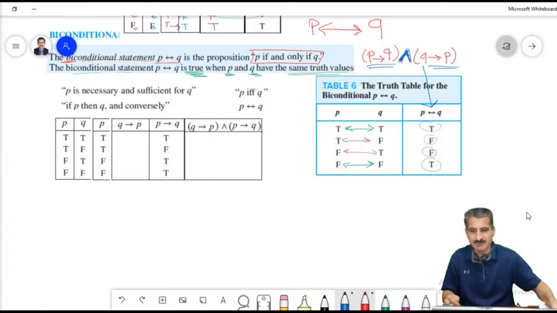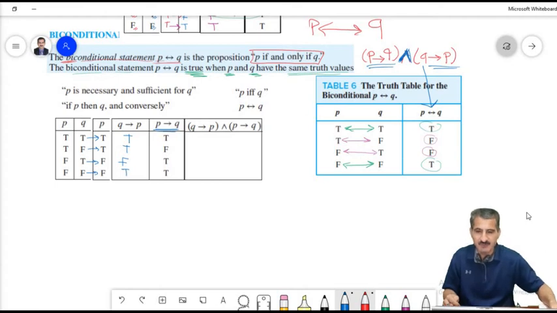And we do it here. Now in here P gives Q is computed, we already know it. Let's compute Q gives P. So this is Q and this is P. So true gives true is true. False gives true is true. True gives false is false. False gives false is true.